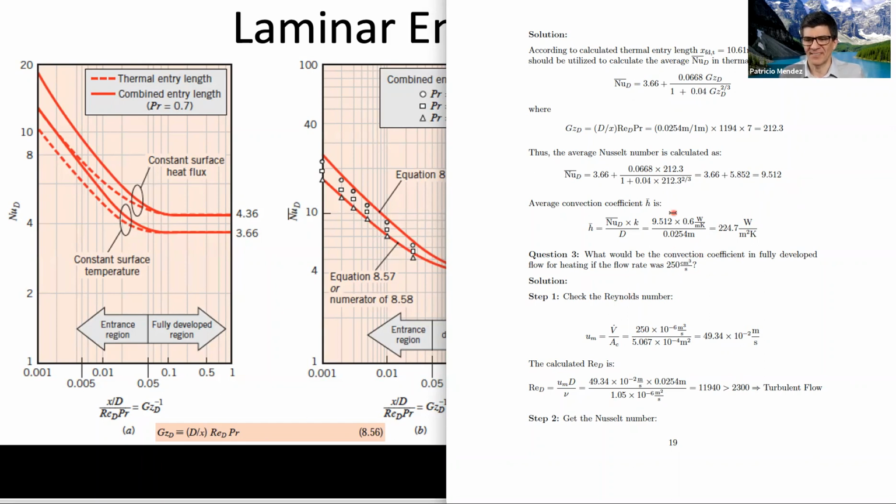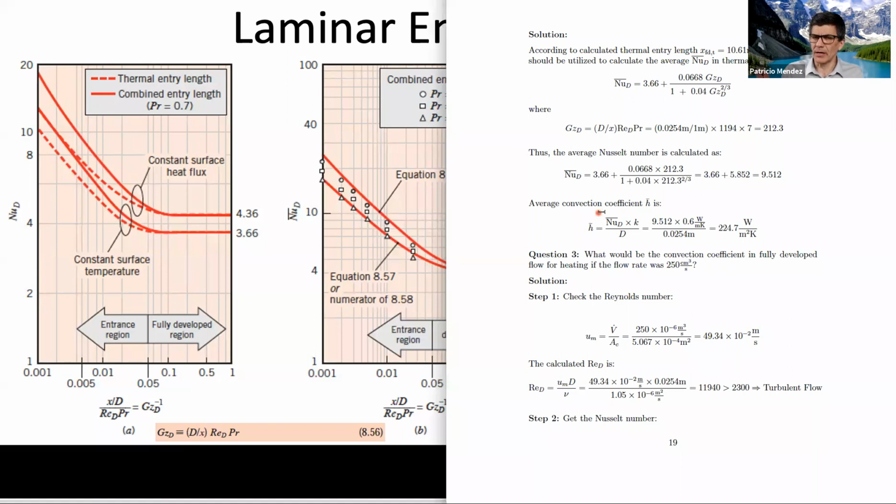So, okay. We have calculated the convection coefficient for fully developed flow. We have calculated the entry length. We have calculated the average convection coefficient for the entry, for the first meter that is within the entry length, right?